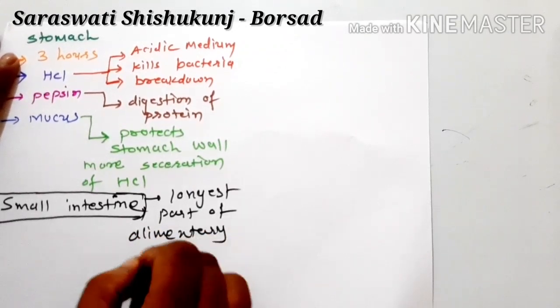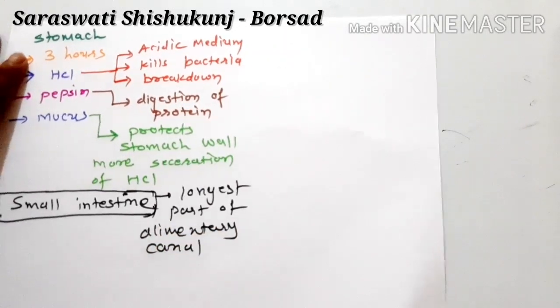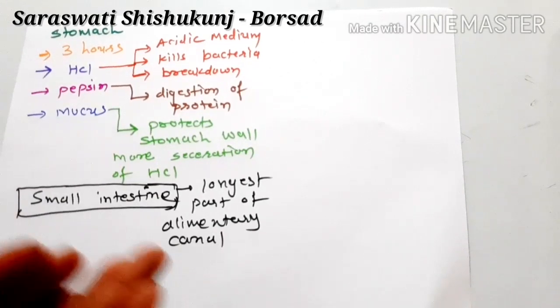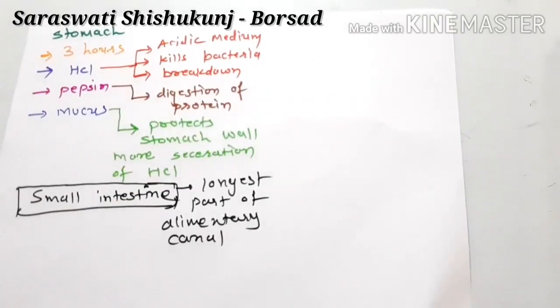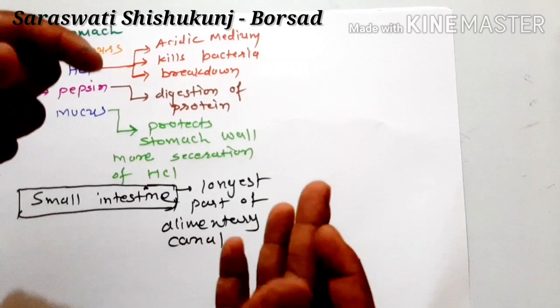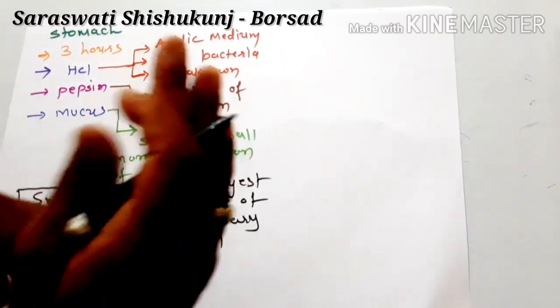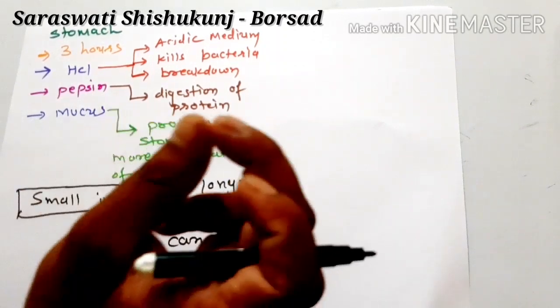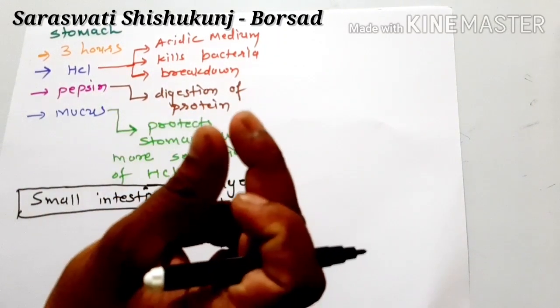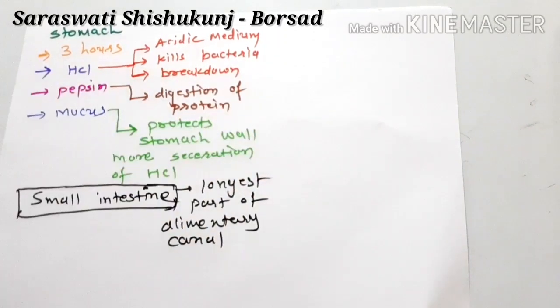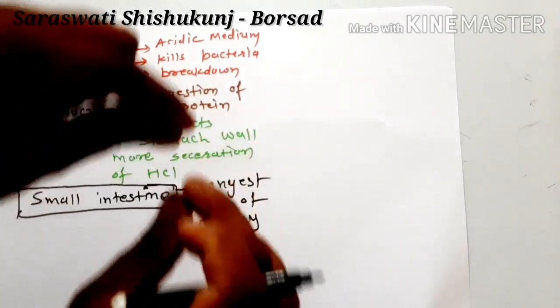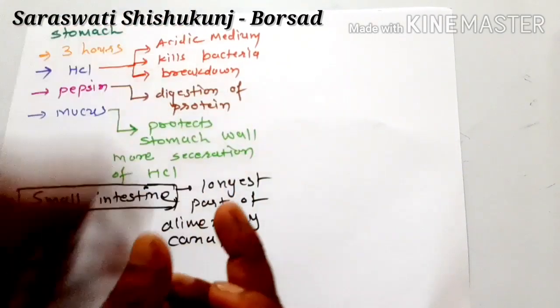So the question may arise that if it is the longest part, why is it called small intestine? You can see in the picture that it is long, but if we take its width, we have the small intestine and the large intestine. In the small intestine, the width is less, so it is called small intestine. Even though its length is much more, its width is less.